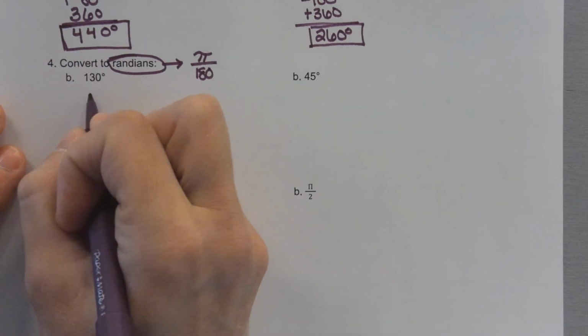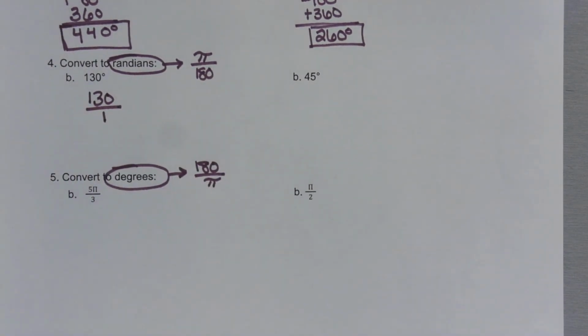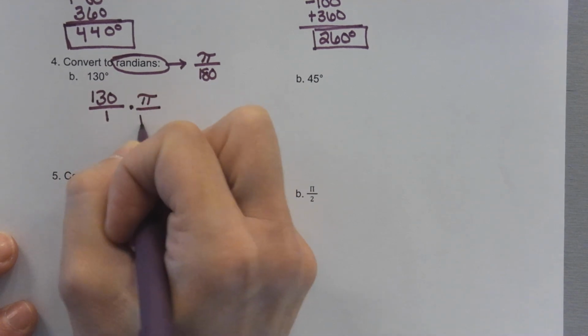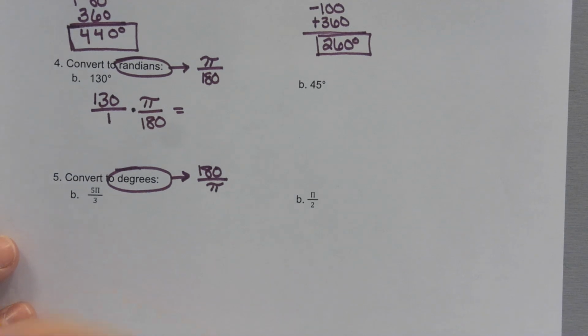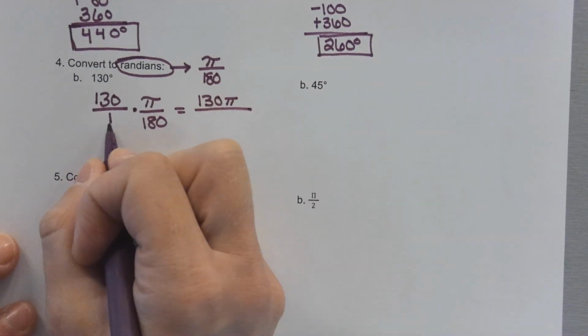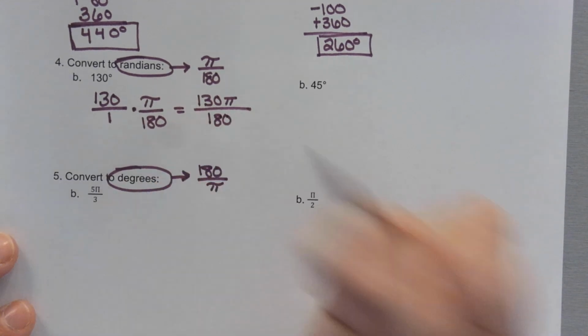All right, now remember, I like to put this over 1 so that it's a fraction with the conversion factor. So I'm going to multiply by pi over 180. What is 130 times pi? 130 pi. What is 1 times 180? 180.